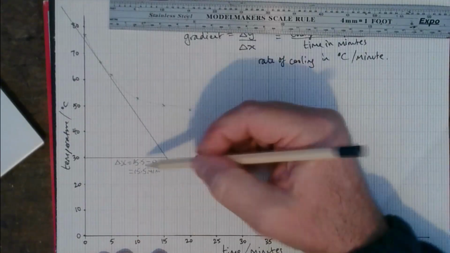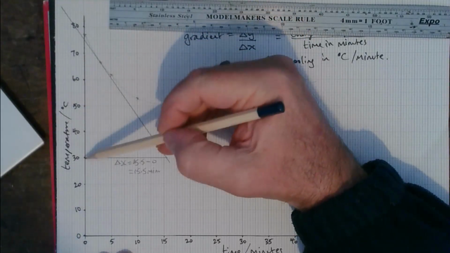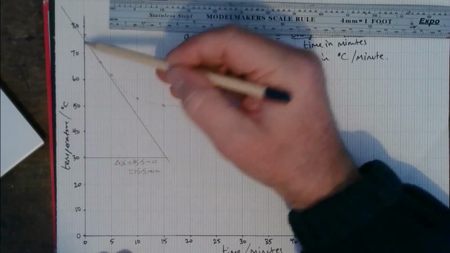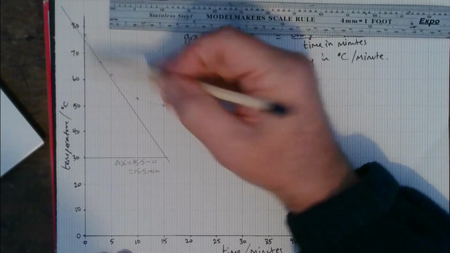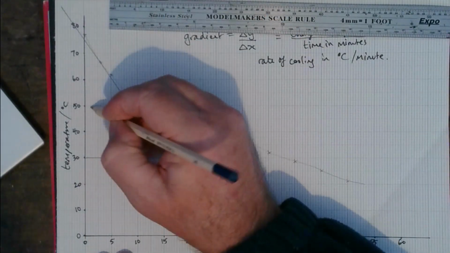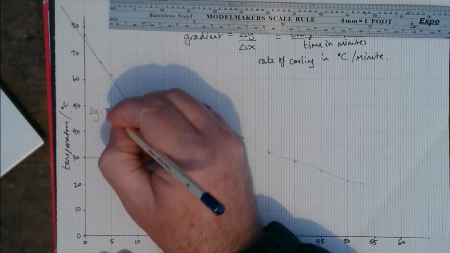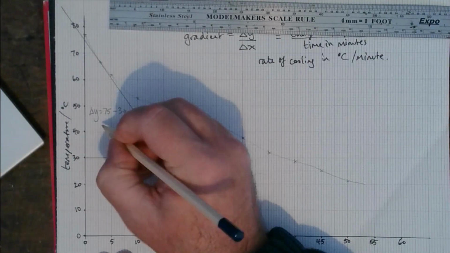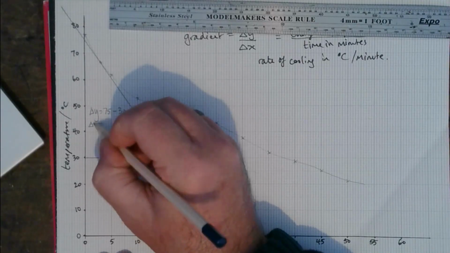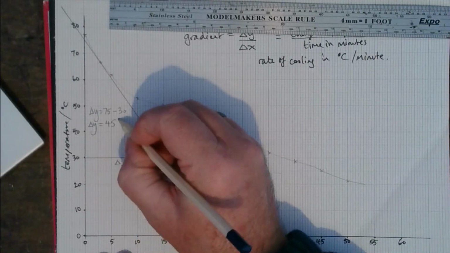In 15.5 minutes, at that gradient, my temperature change would be from this point up here to this point here. The difference between this temperature and this temperature is 75 minus 30. My change in my y value is 45, and that's degrees Celsius.